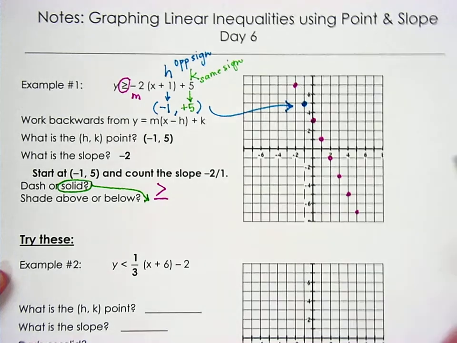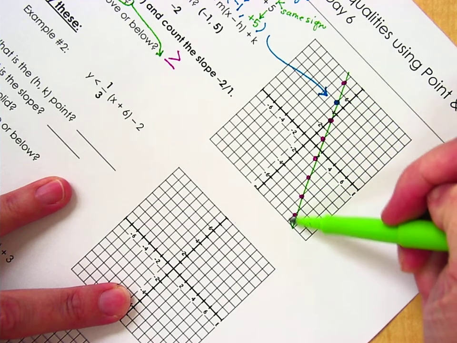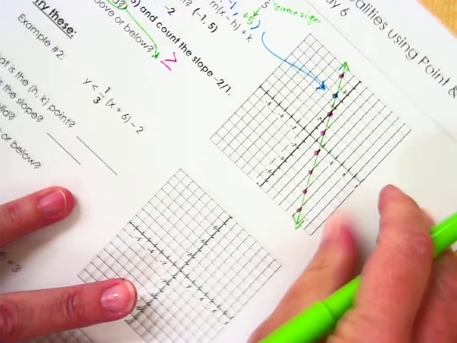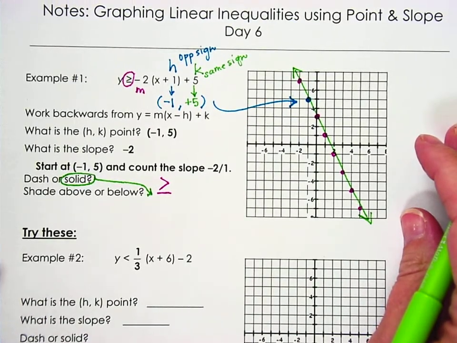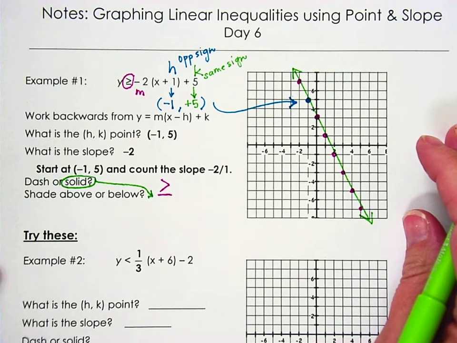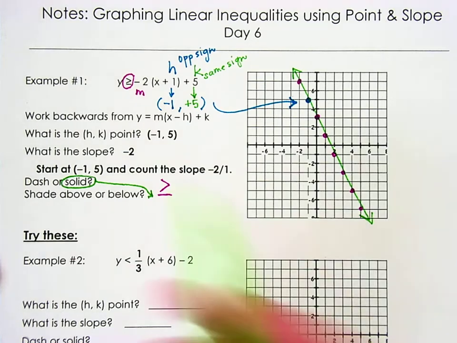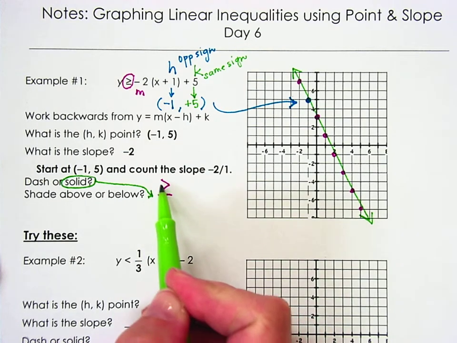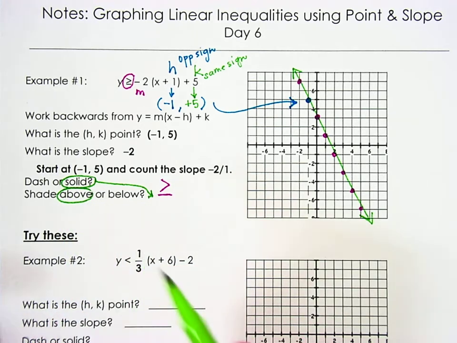So now we connect. Let me just turn my page real quick here, and make that a solid line. And then the last thing we need to determine is the shading. Is the shading above or below? Since we have a greater than sign, we're going to shade above.